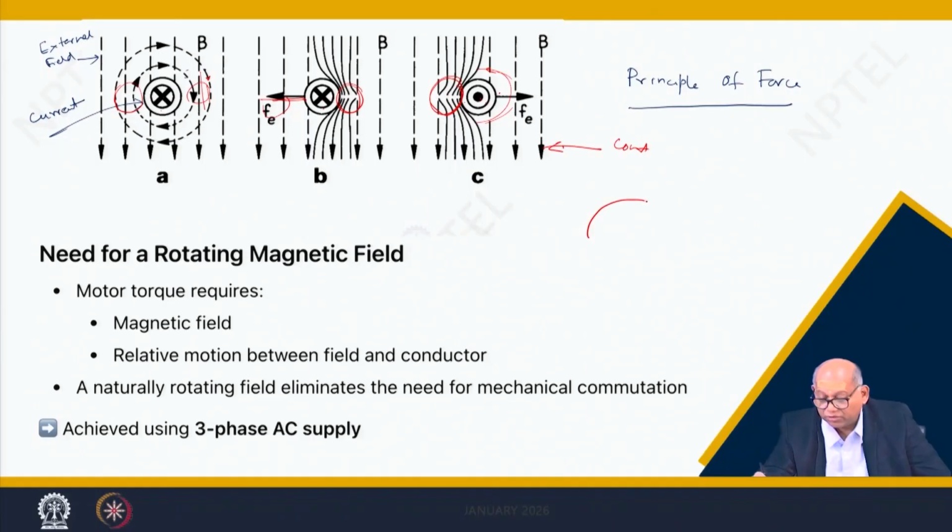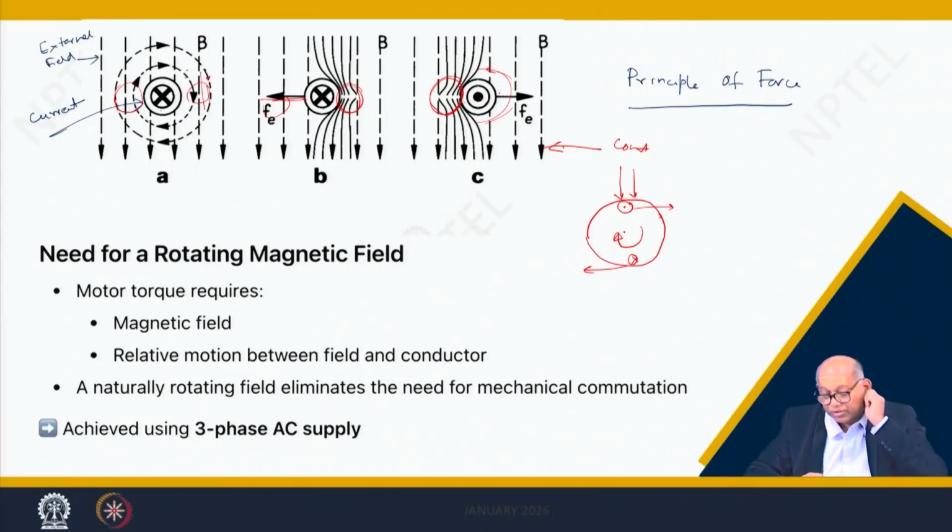If you put these two conductors in this, this is the dot, this is the cross, and there is a constant magnetic field here, this will go in this direction and this will go in this direction. So, there will be a torque produced. So, essentially the three phase rotating magnetic field has to be constant as much as possible, and it should rotate. When it rotates, there will be torque produced constantly.